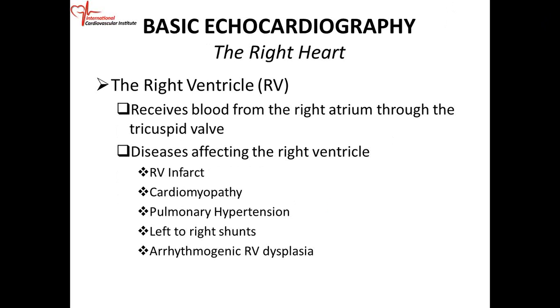Remember that just like the left ventricle, when the right ventricle fills with blood in diastole, it contracts to pump blood across the pulmonic valve into the pulmonary trunk and into the main pulmonary arteries going to the lungs. So if it's not pumping properly, then it's going to affect the normal functioning of the heart. So a heart attack involving the right ventricle can affect the pumping action of the right ventricle.